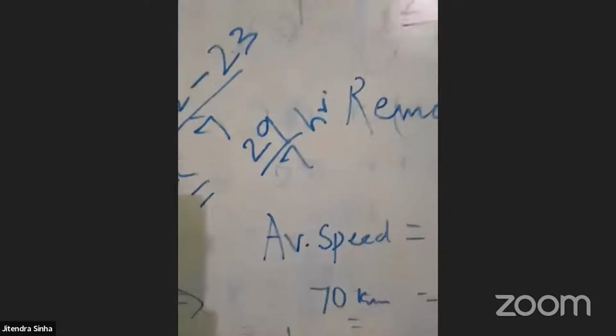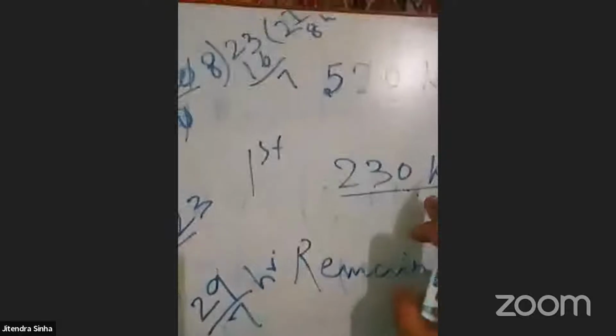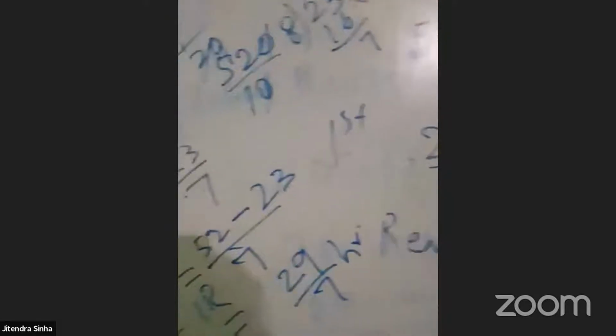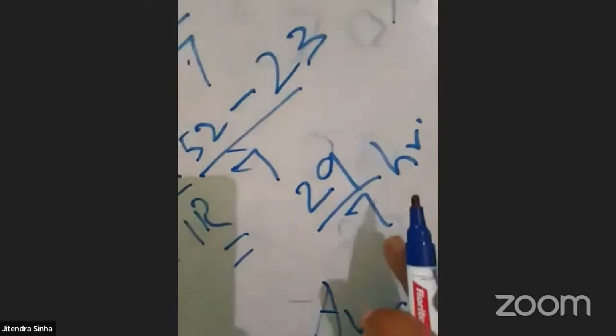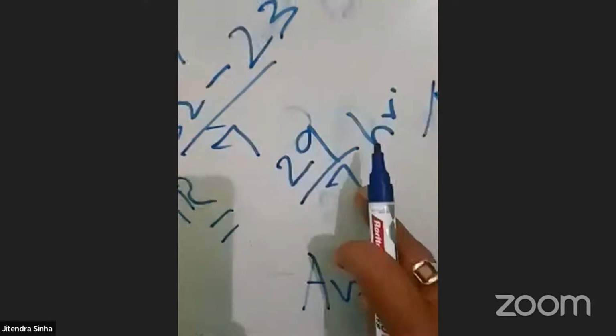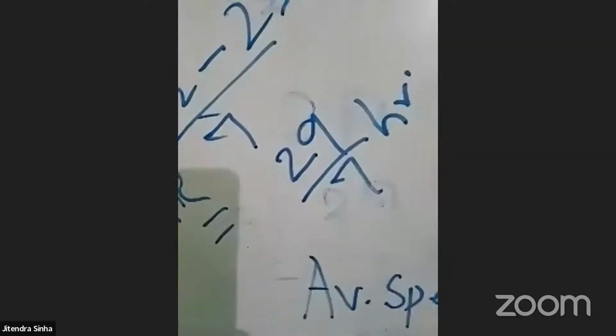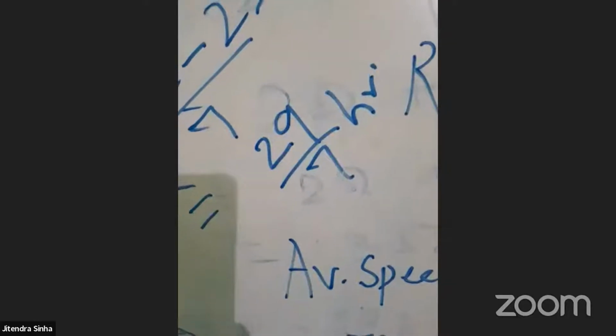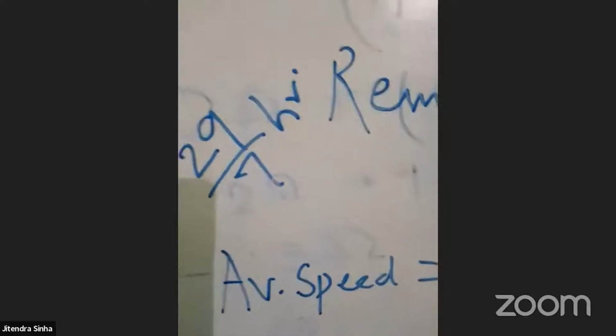देन यू कम टू हियर, टोटल टाइम आपके पास इतना है। और फॉर कवरिंग 230 किलोमीटर, how much time you have already spent? That is the 29/7 hours. So 29/7 hours already आपने invest किया है। Out of this 52/7 hours, then you see the difference.